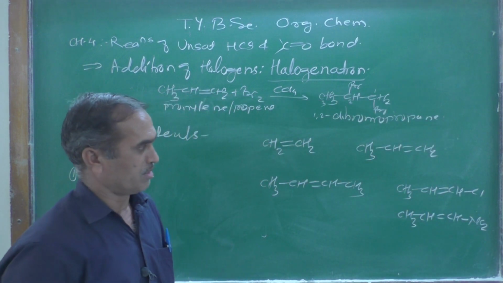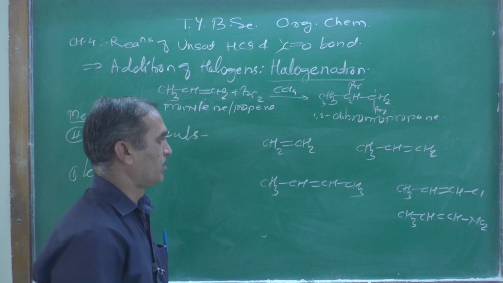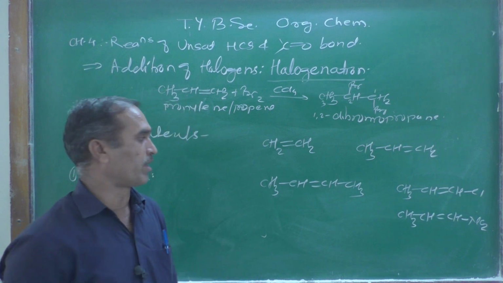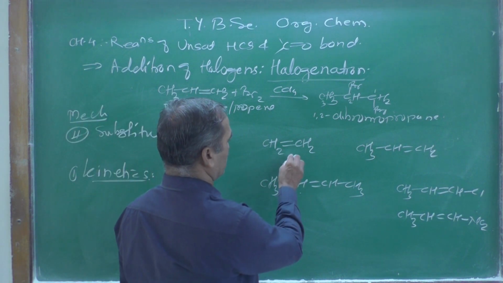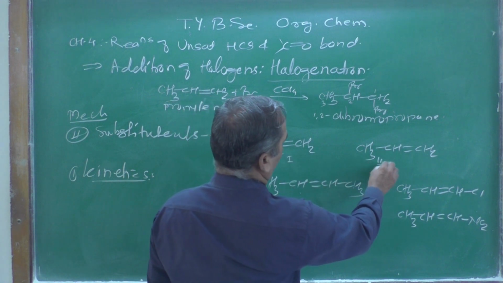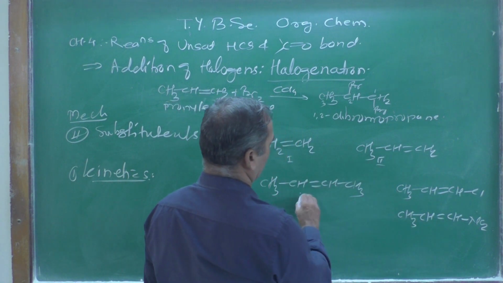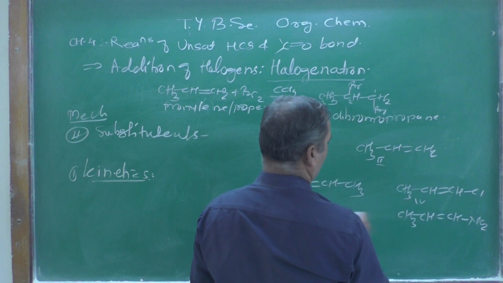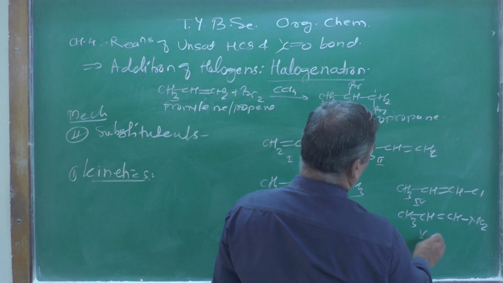Now among these, which alkene is the most reactive? These are structure number first, second, third, fourth, and this one is the fifth.